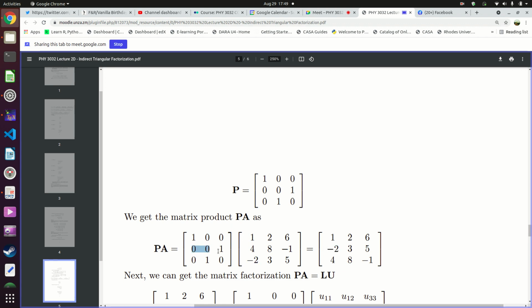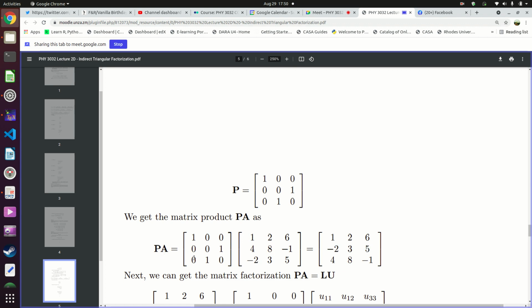Then the second row times the second column: 0 times 2, plus 0 times 8, plus 1 times 3. I get my 3 there. Then the third column: 0 times 6, plus 0 times minus 1, plus 1 times 5. I get my 5, which is what I have here.